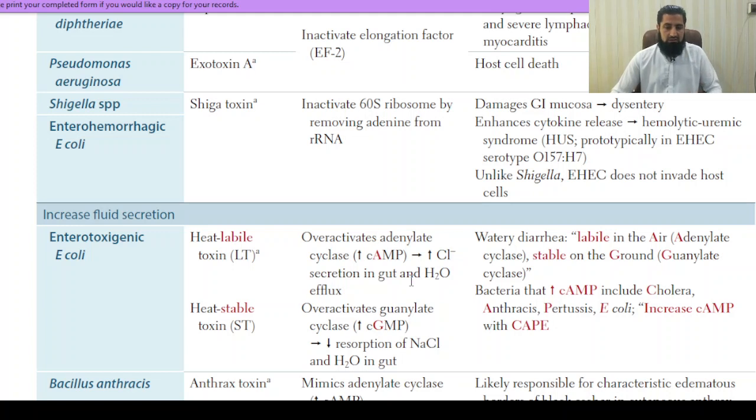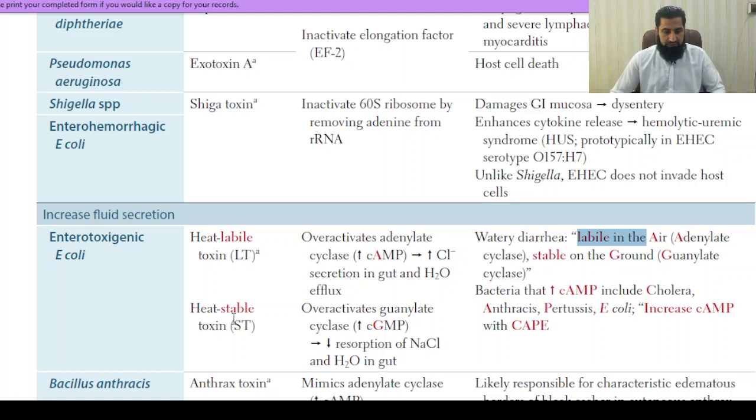Chloride is salt, and salt drags water toward itself, so chloride and water efflux. In this case you will find watery diarrhea. Labile in ear, labile in ear.